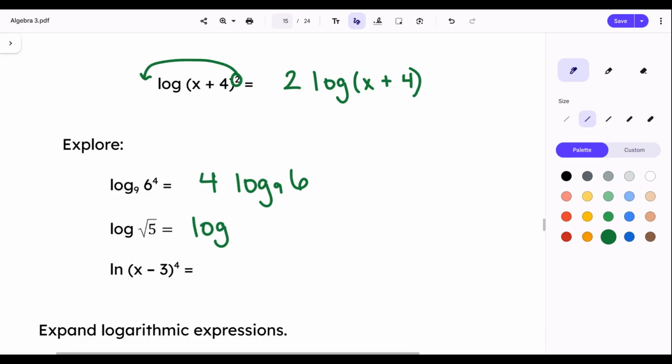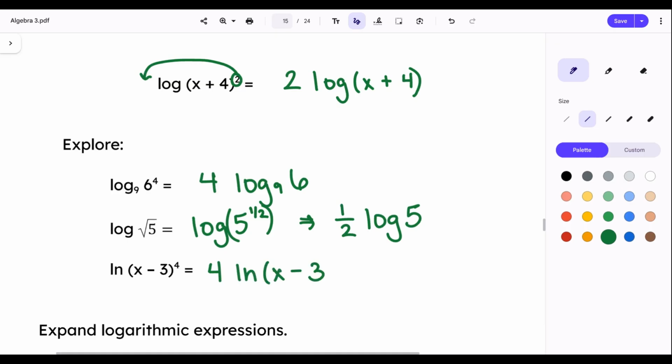Okay, so you are thinking of the square root as really like 5 to the 1/2 power. Very good. Okay, and then you took the 1/2 and you stuck it in the front. Good. That's perfect. Okay, how about the last one? What'd you guys do? Good, just move the 4. Great. There you go.